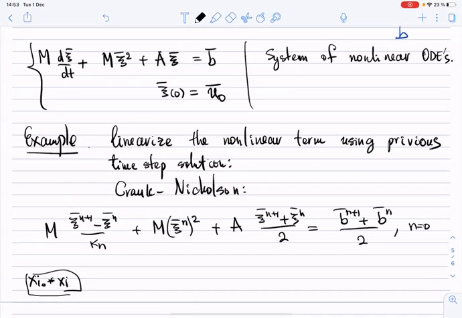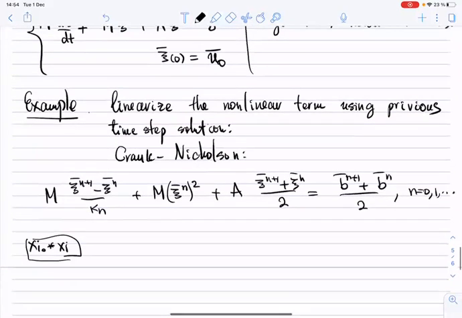That's true for all n equals 0, 1, all the way until the last value we get in time. All right, so here you see that this value is calculated from the previous time step. That value is also calculated from the previous time step. That one is calculated from the previous time step.